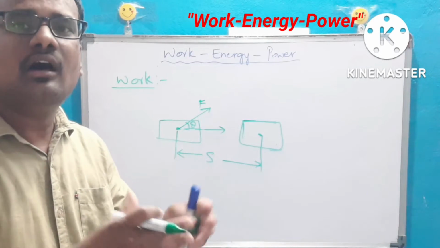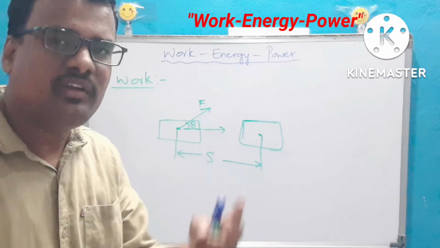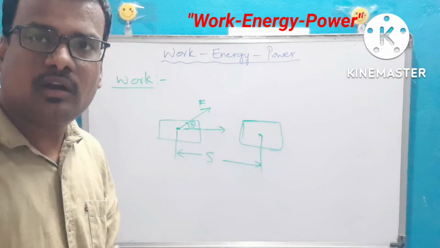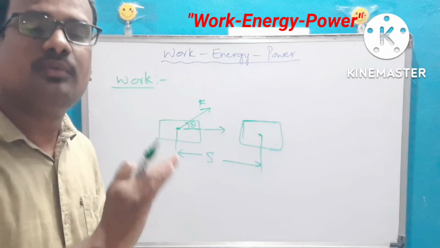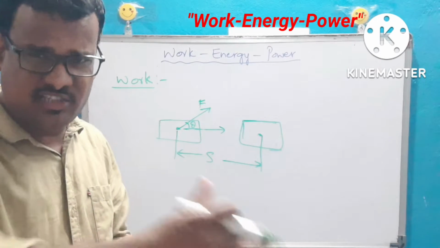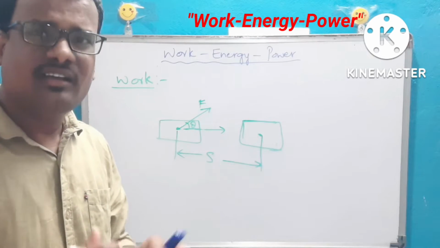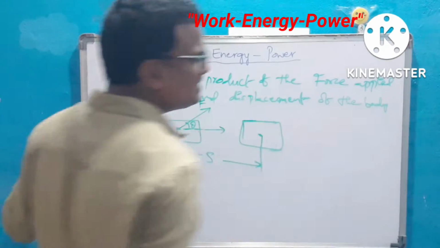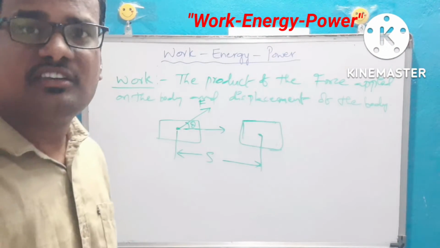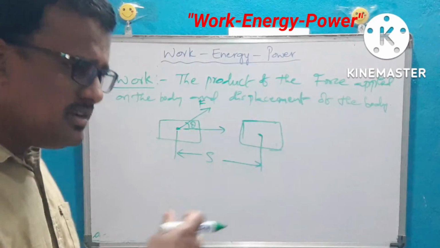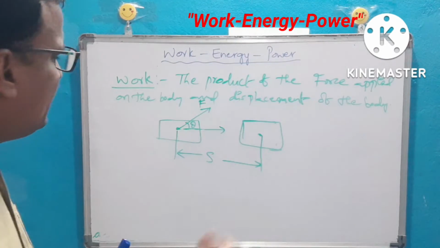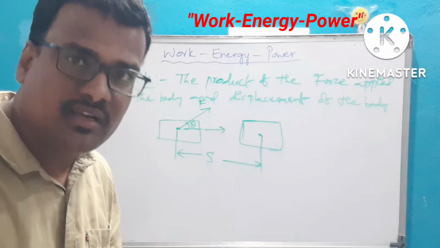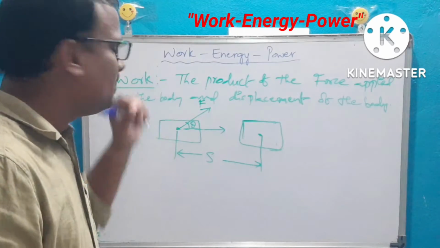We have vector product and scalar product, right? The scalar product between the applied force on the body and the displacement occurred in the body is called work done here. Whenever some force is acting on a body and some displacement occurs in that body, the product of force and displacement is called the work.